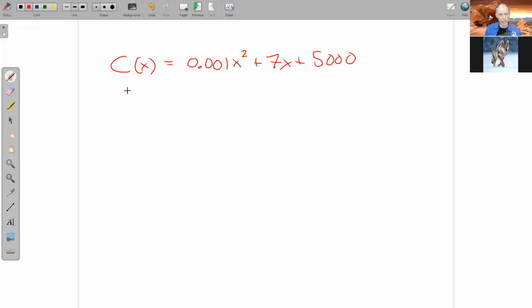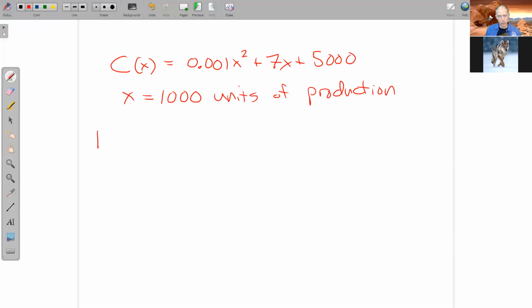And we're going to look at x equals 1,000 units of production. So maybe we make baseball hats or we make cell phones. So we're making 1,000 units. What if we bump production by 1 more unit? Is our cost going to change dramatically or not?